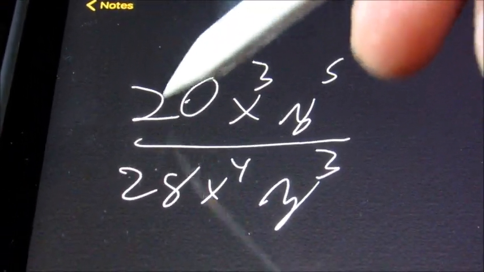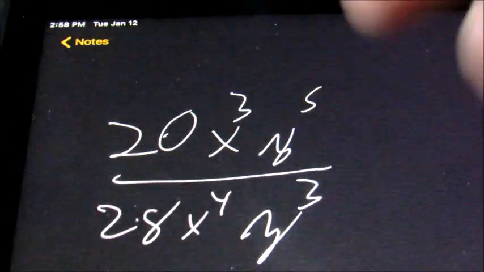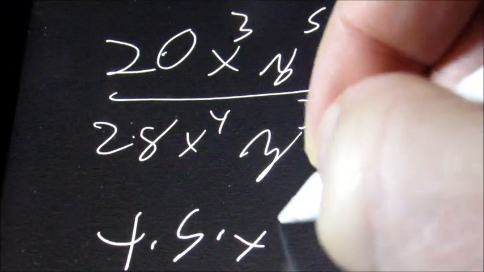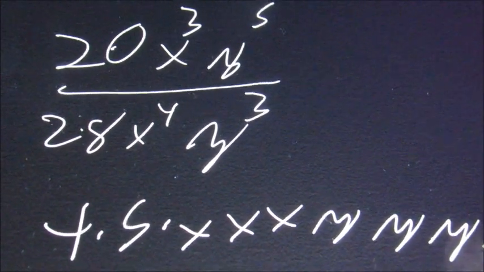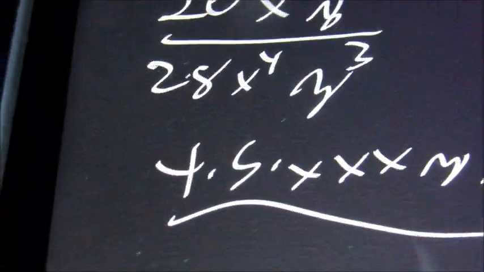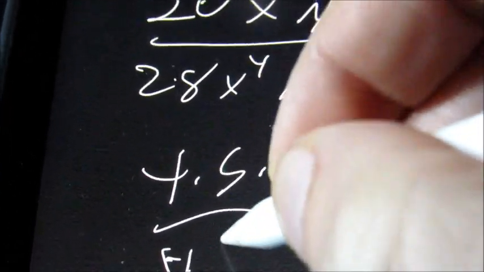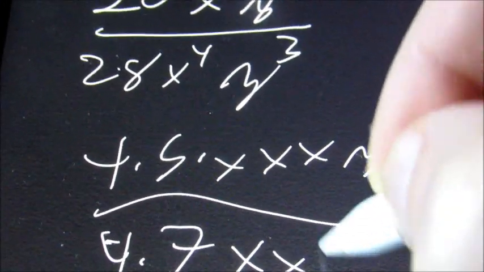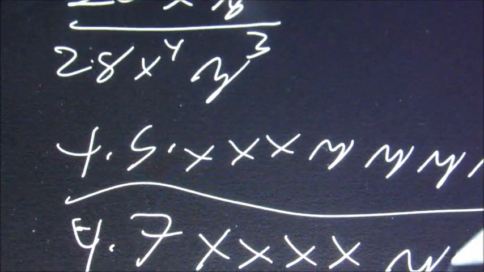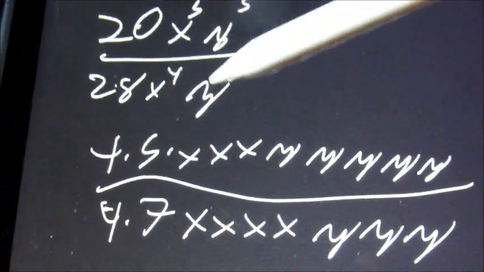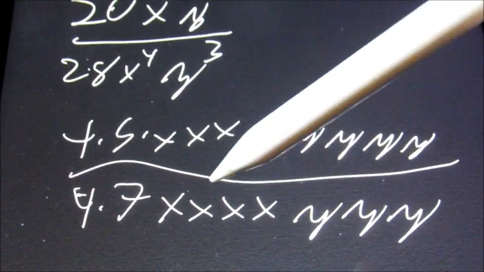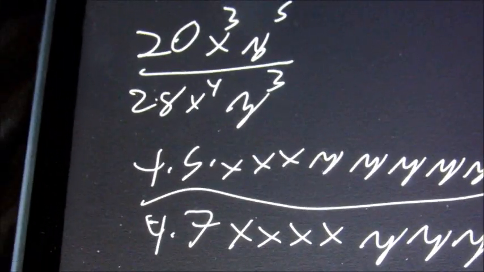We already know that this is going to be a 4 and a 7, but I'm going to go ahead and break that into 4 times 5 times x times x times x, y, y, y, y, y, all over 4 times 7, x, x, x, x, y, y, y. Okay, so I broke it up into the 3 x's, 5 y's, 4 x's, 3 y's.